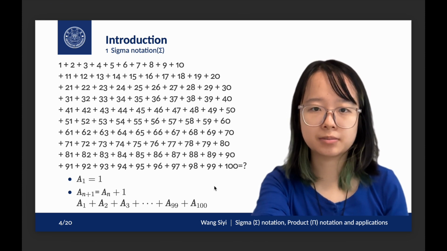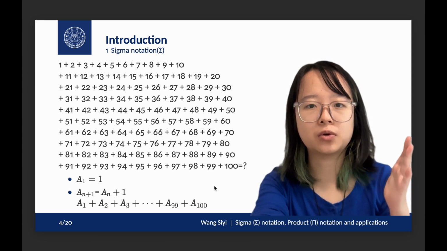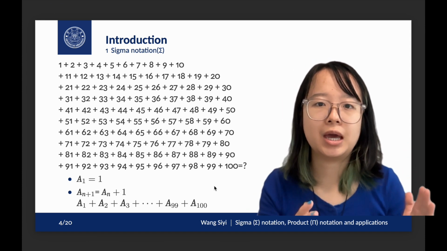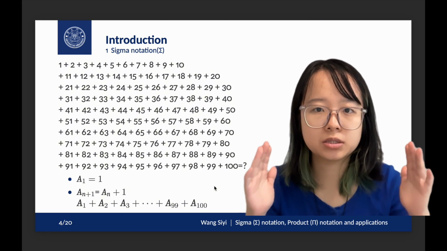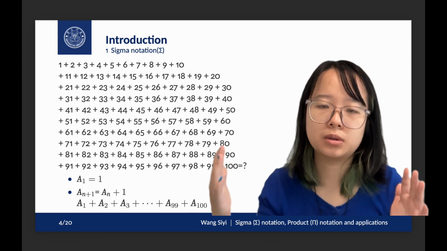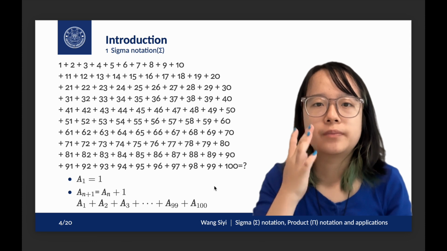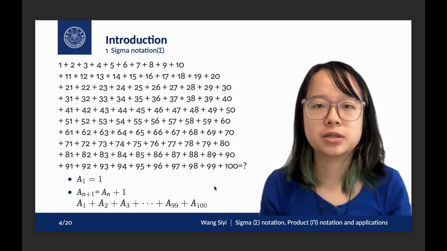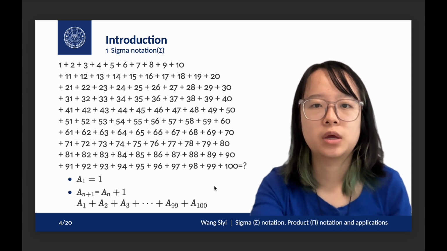We can write it down as A1 equals 1 and A(n+1) equals A(n) plus 1, because every number equals the previous number plus 1. So the sum is A1 plus up to A100.